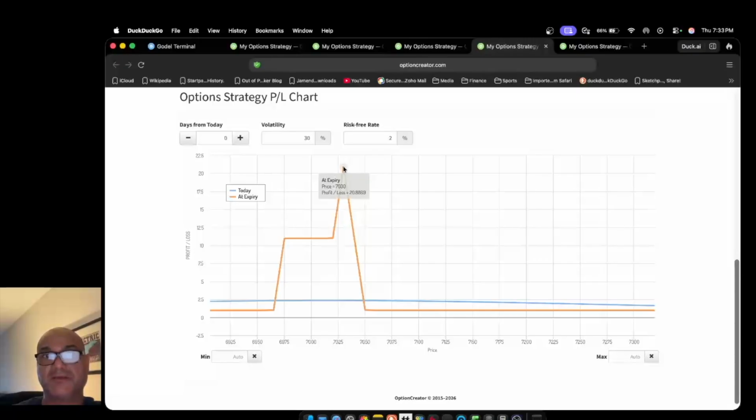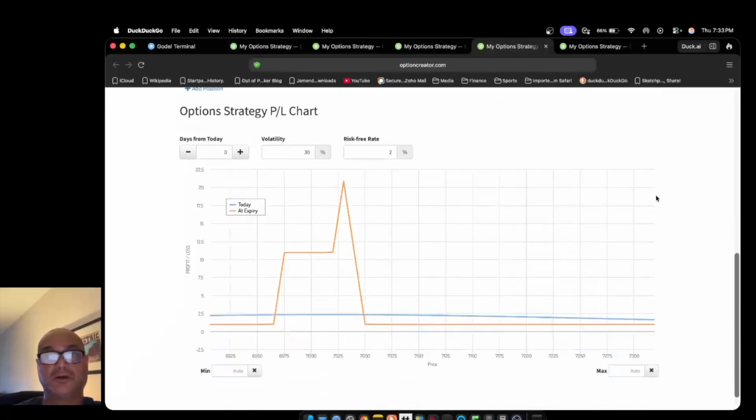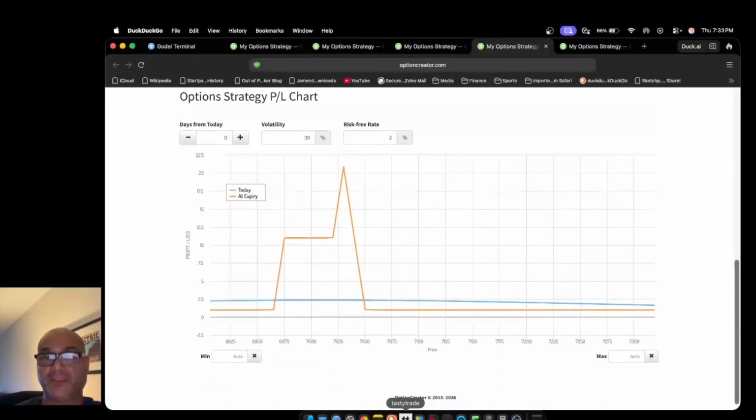It's basically an $1,100 apex here, and a $600 apex that flat lines between 7,030 and 69.75. Also note that no matter what happens, anywhere outside of this profit tent between 69.65 and 7,050, I'm going to make at least a touch under $100.